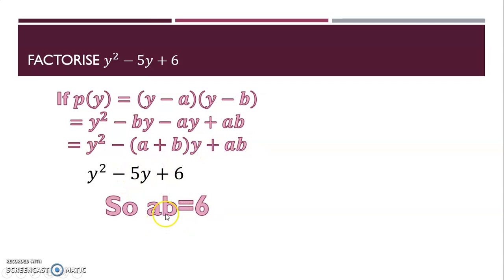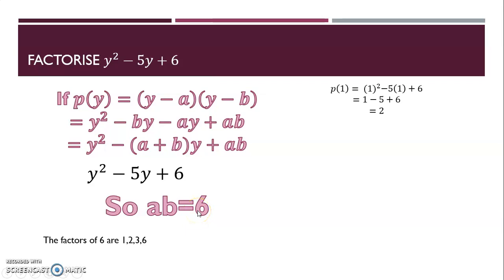So we are looking for two numbers a and b such that when we multiply them we get ab as 6. The factors of 6 are 1, 2, 3 and 6. So a could be 1 and b could be 6, or a could be 2 and b could be 3, because 2 into 3 will be 6.